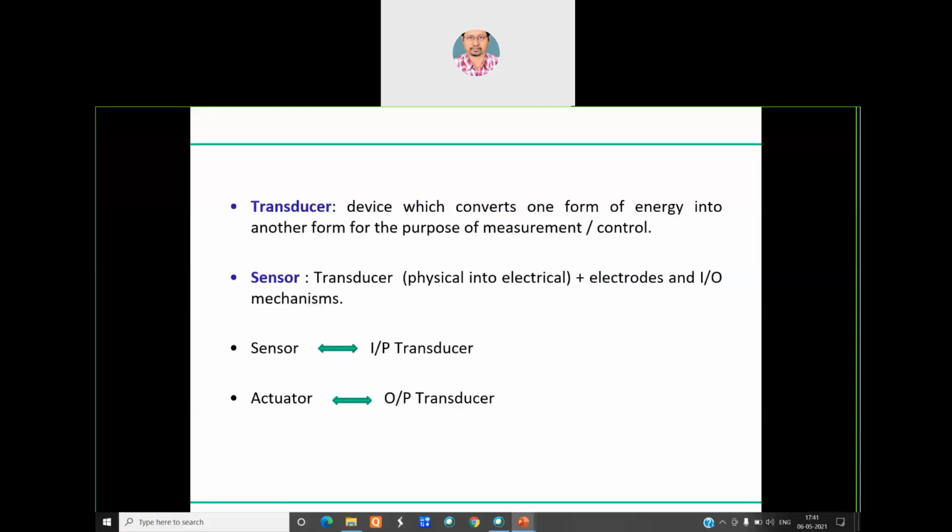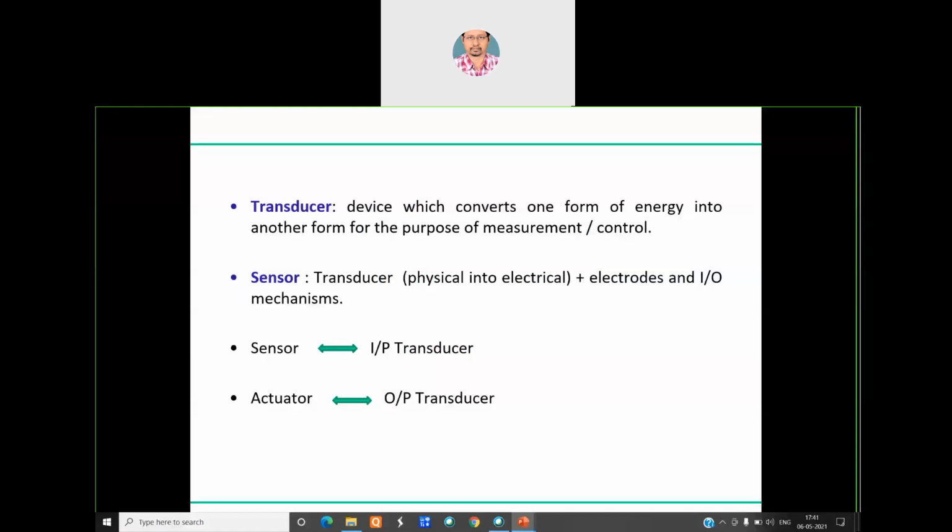So in your day-to-day life, you have heard about sensors. Now, what is the difference between sensor and transducer? A sensor is nothing but a special class of transducer. Whenever you fit the necessary electrodes, there you always require polarity, positive and negative. Remember, the voltage and current are always in DC form, not AC.